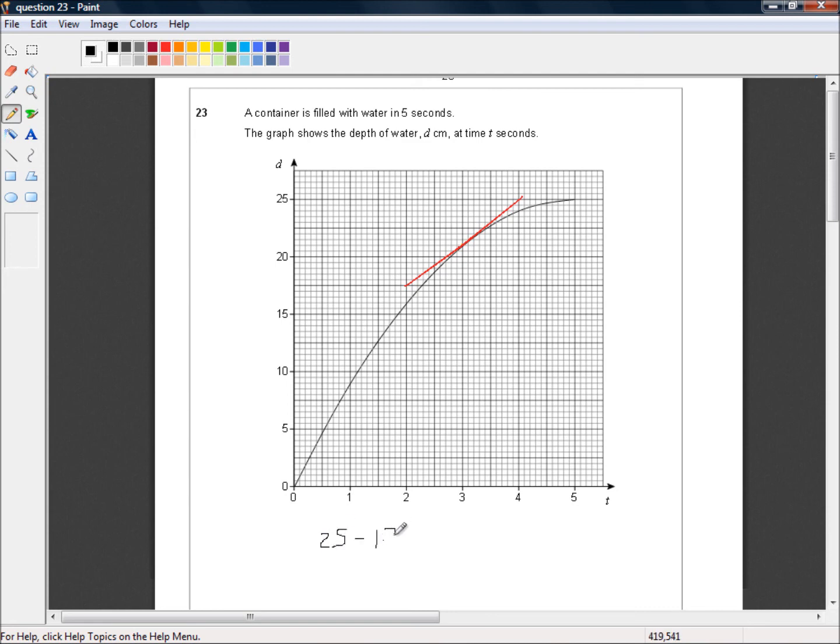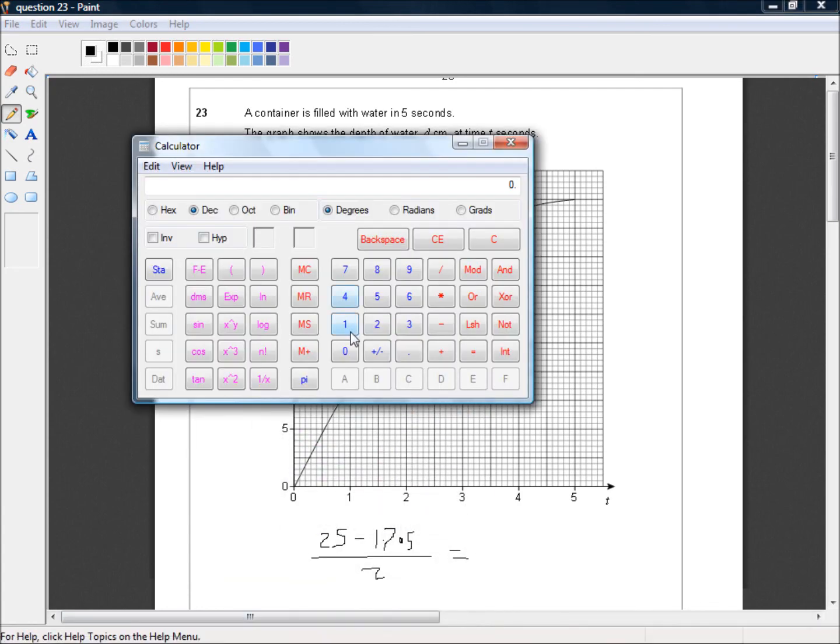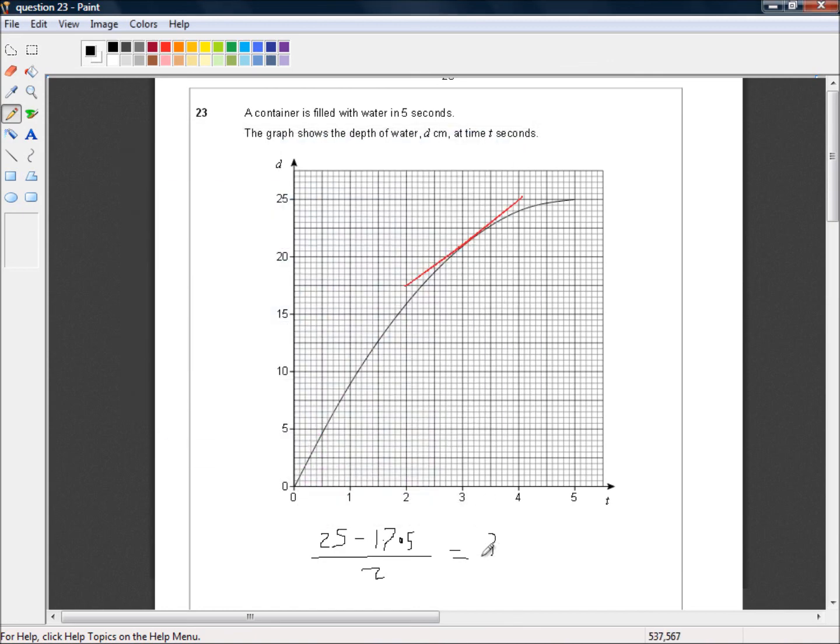Sorry, that's 17.5, not 1.75. It's 17.5 divided by 2, which, if we get a calculator, 25 minus 17.5 is 7.5, divided by 2, it's 3.75. I make the gradient 3.75.